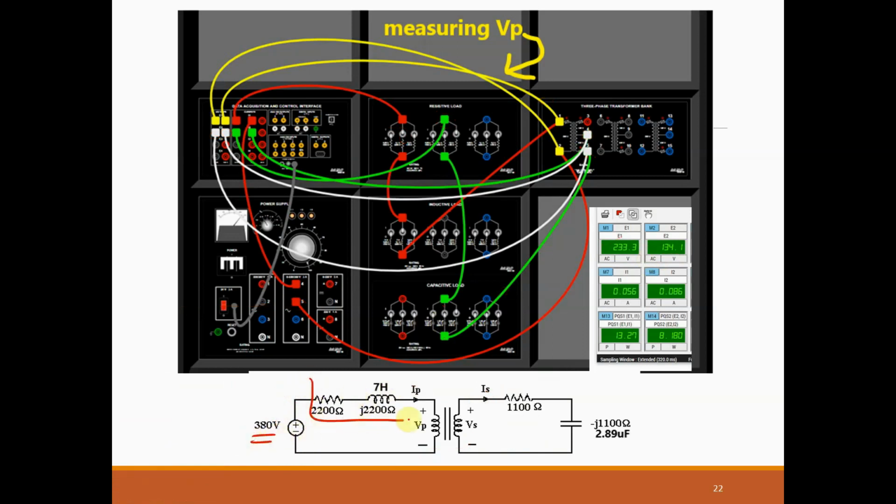There is a voltage drop on these impedances, and the voltage across this terminal, VP, is 233.3. And the voltage across here at the secondary is 134. And I have the current IP flowing here. This is IP, and this is IS.